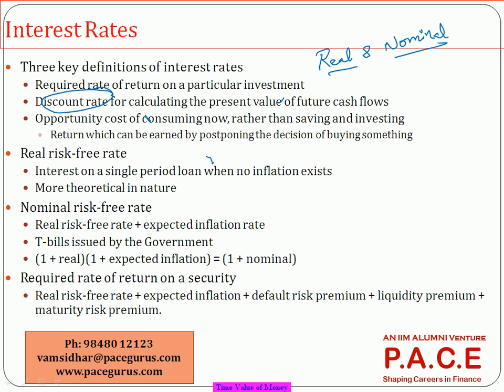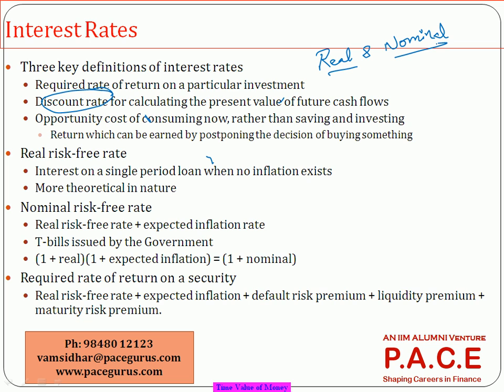If it excludes inflation, see, let's say the inflation rate in the country is 5%, and we say the interest rate is 7%. What it means is the nominal rate is 7%, including inflation. If I remove inflation, which is the real contribution of the interest rate itself, the real interest rate is only 2%.